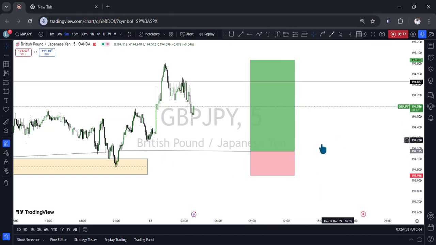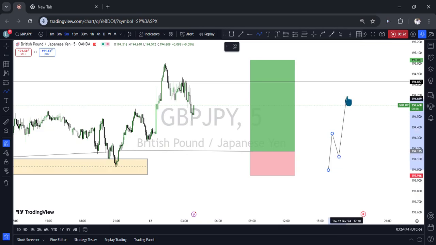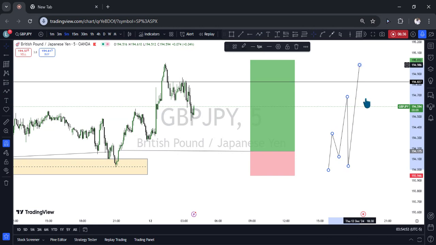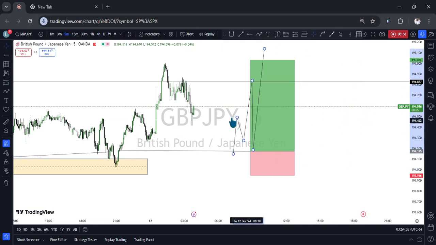Same thing I told you guys, when the market is buying, you have something like this. The market comes and takes the inducement around this area, taps into the order block, then pushes to the upside. So it's the same thing that might likely happen here.